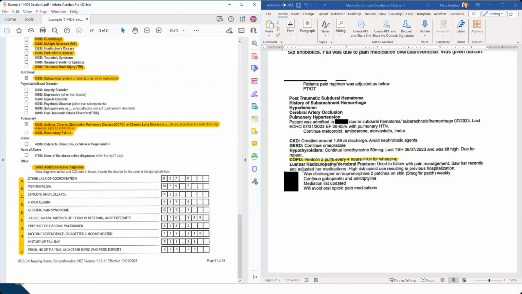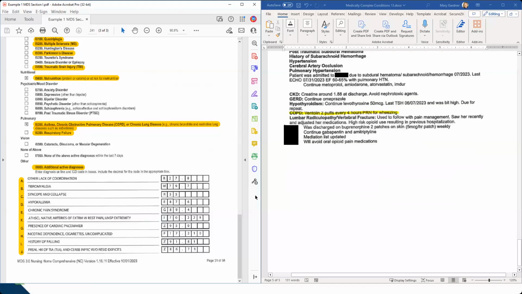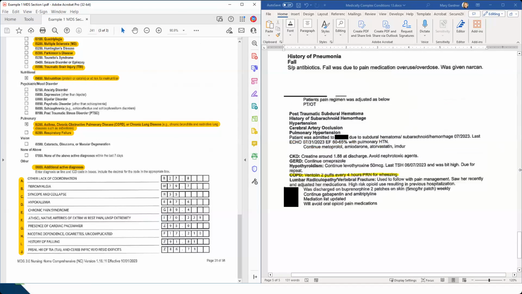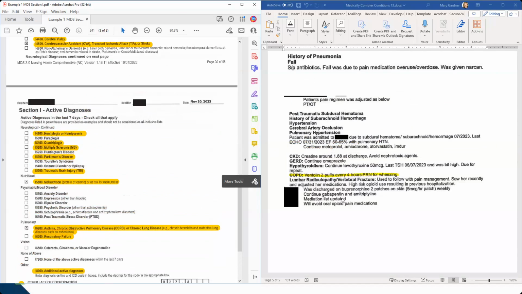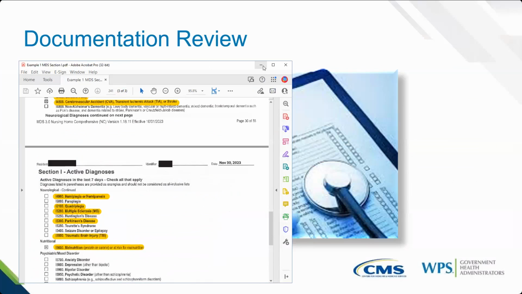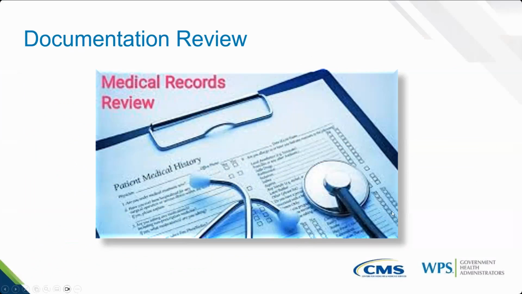And malnutrition, as we all know, is a big one that is going to affect coding. So really the purpose of this was just to show you how we go through and look at all your documentation and everything that we can find that the physician has documented active disease on. We verify that versus other parts of your documentation in an attempt to recreate your MDS and to make sure that it was entered correctly.